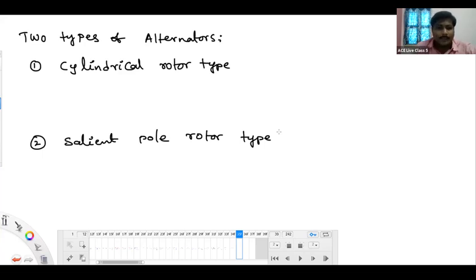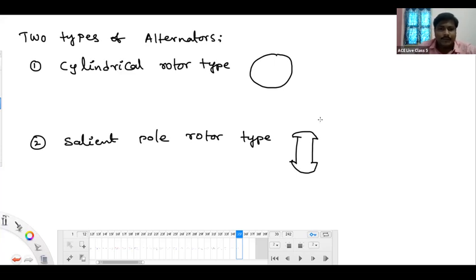Salient pole rotor in the sense, we get the rotor of the synchronous machine, something like this. So round rotor in the sense we have a circular solid body, right? As a round rotor, or you can say cylindrical rotor machine.